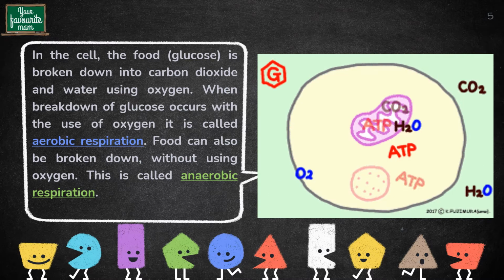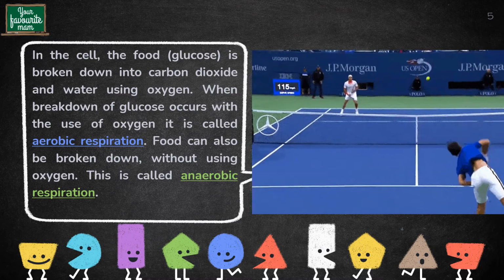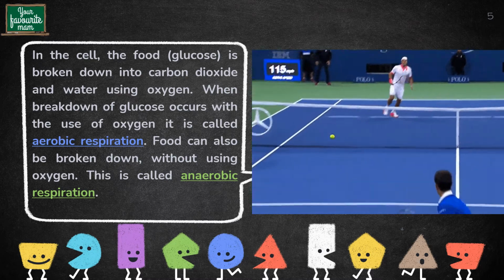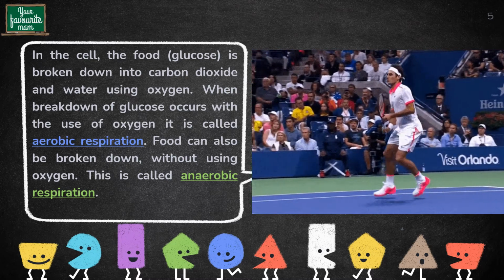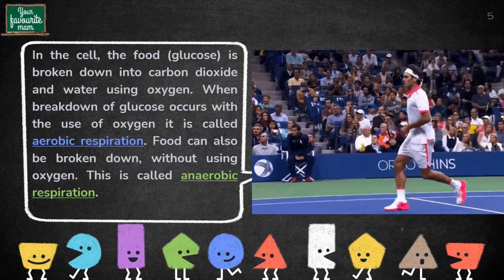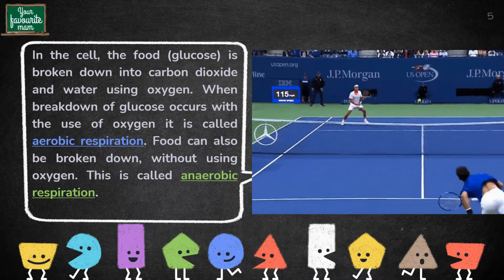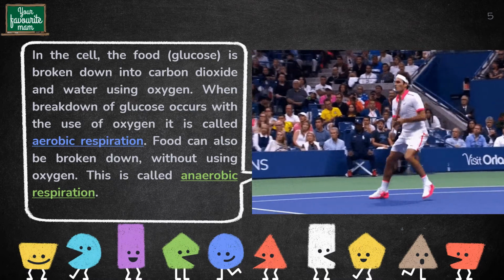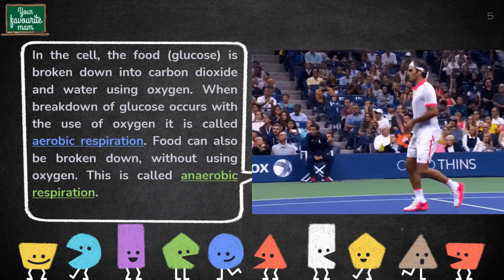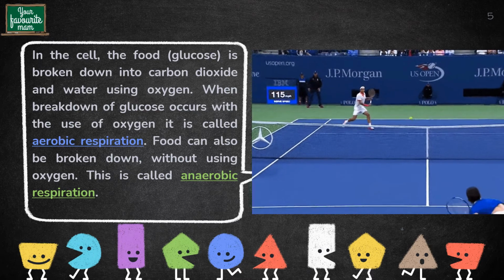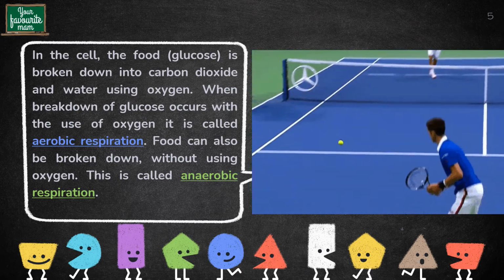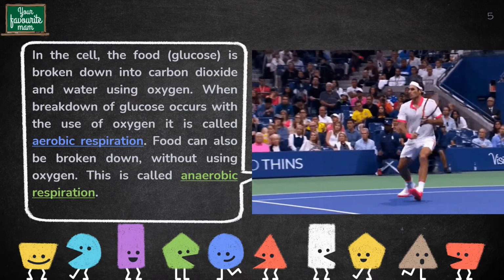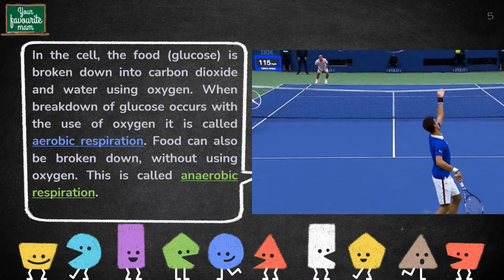For example, during heavy exercise or while playing, the demand for energy is high, but the supply of oxygen is limited. So our body produces energy through anaerobic respiration that happens inside the muscle cells, where glucose is broken down into lactic acid and energy. Then our body gets the required energy from anaerobic respiration.